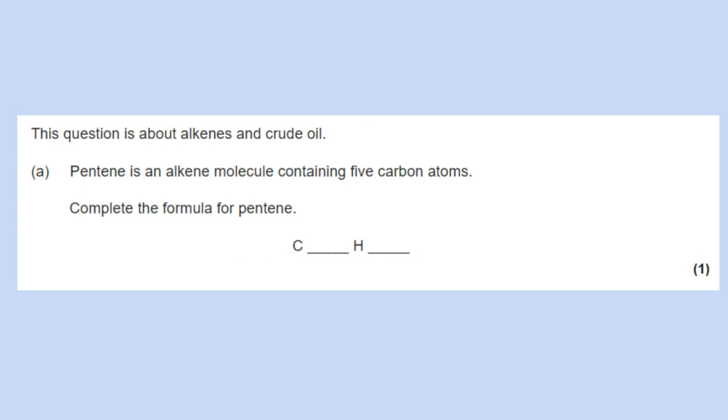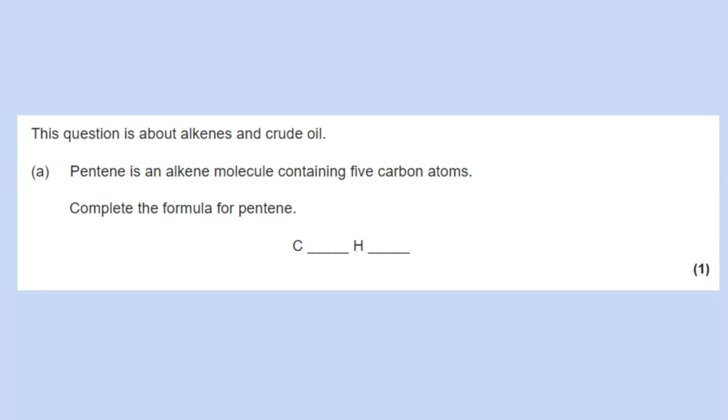They could ask you something like this without giving you a drawing. A little bit harder. So this is more a standard or a high demand question, so something at the end of the foundation paper or the start of the higher paper.